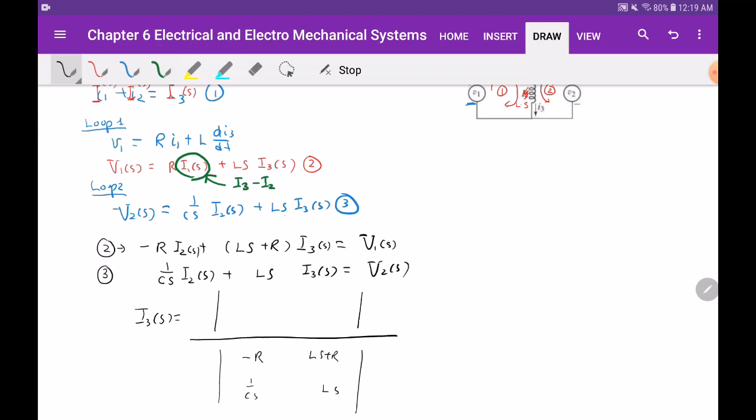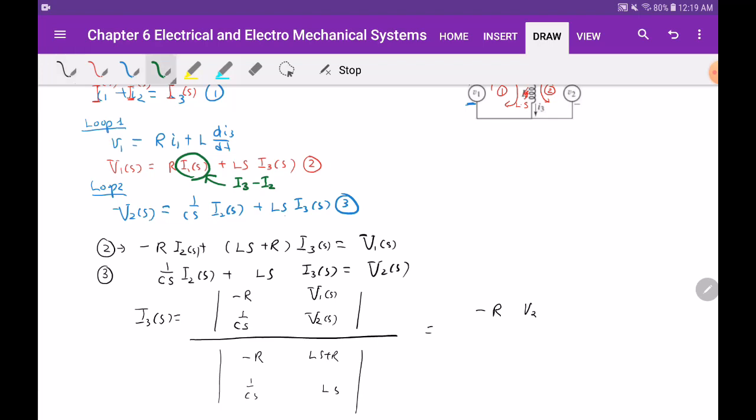For the numerator, I want I3, so I keep the coefficient of I2 and take out the second column and replace it with V1 and V2 sub S.